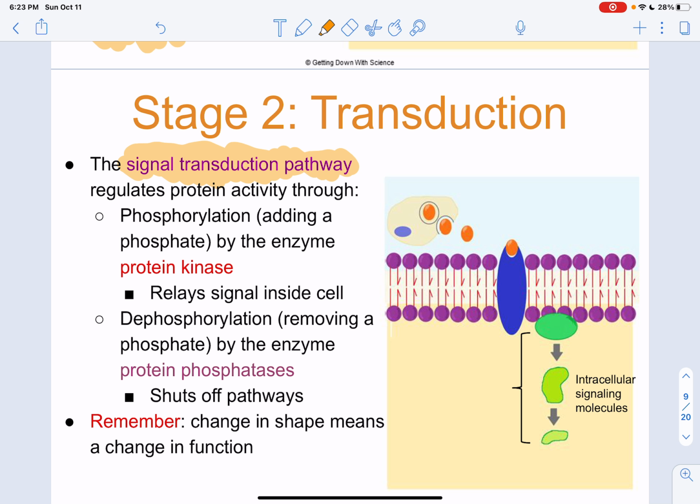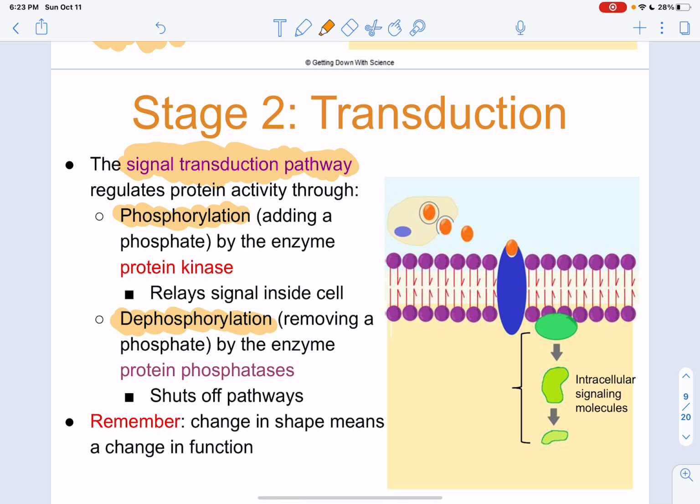And so we're going to have a couple things happening. We're going to have phosphorylation by an enzyme. When we phosphorylate something, we are adding a phosphate to it. So think of when we were talking about the sodium potassium pump. To turn on the pump, we had to phosphorylate it, and when we need to turn it off, we need to dephosphorylate.